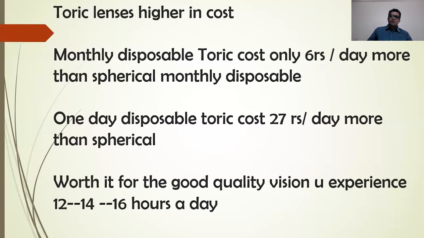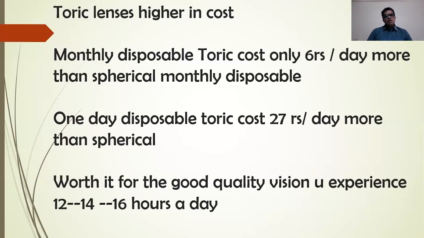So if you are going to convince the patient that if you are going to wear the lenses for 10, 12, 14, 16 hours in a day, and your vision is good to about 100% just by spending that 6 rupees per day, I think it is worth the quality of vision that you are getting.